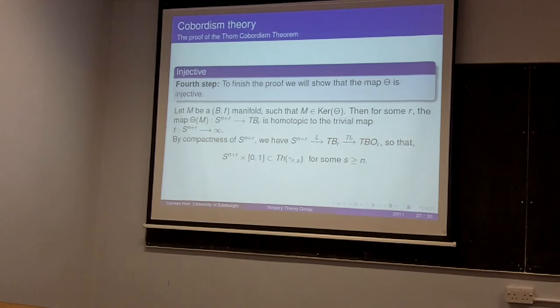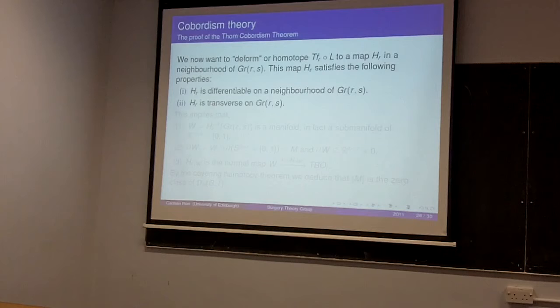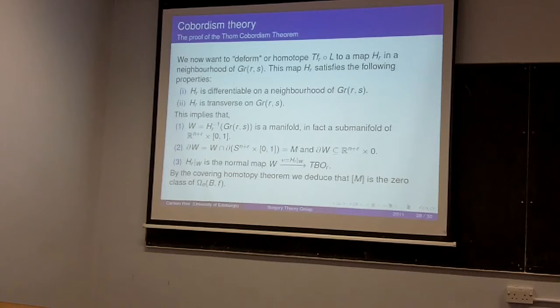We also have seen this from before, and we have a very similar way of proving injectivity, imposing some conditions onto the map, so that it homotopes to a transverse map. And those two conditions imply that the inverse image of the Grassmann manifold is in fact a manifold, and also some conditions on the boundary, and so on.